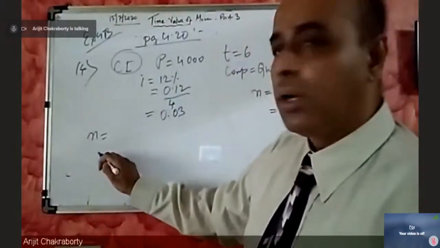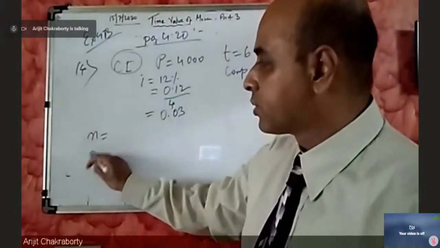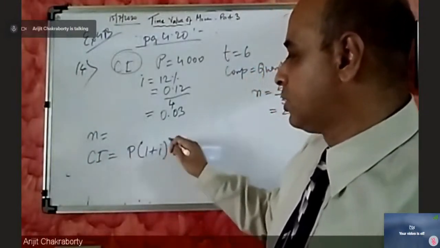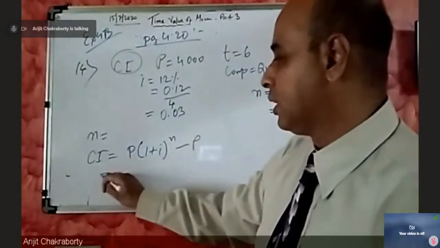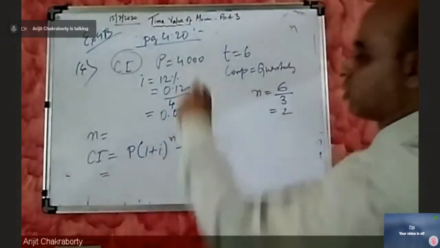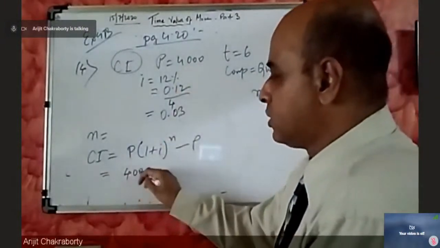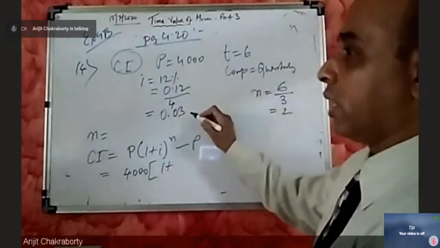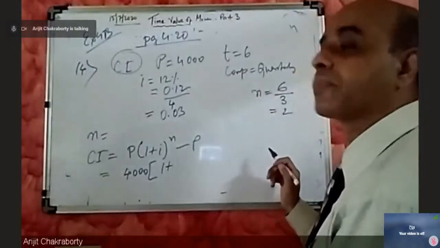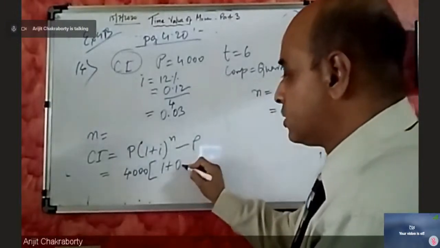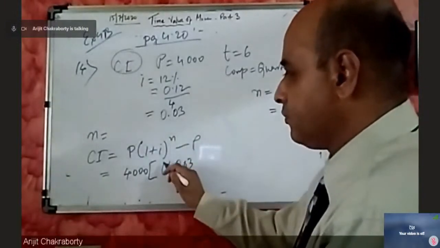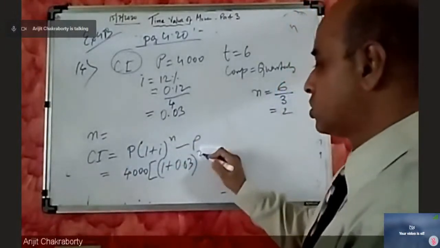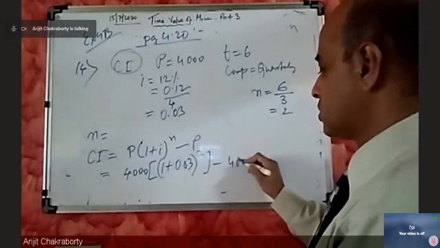So the compound interest CI is equal to P into (1 plus I) to the power N minus P. So here we have P is 4,000 into (1 plus 0.03) to the power 2 minus 4,000.